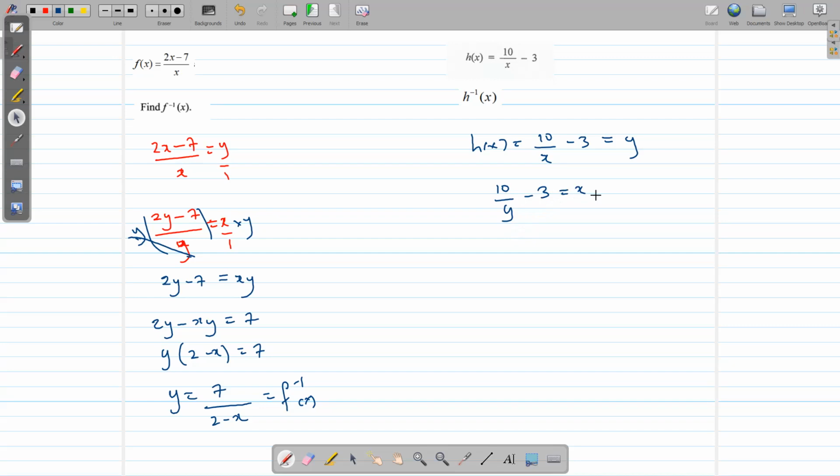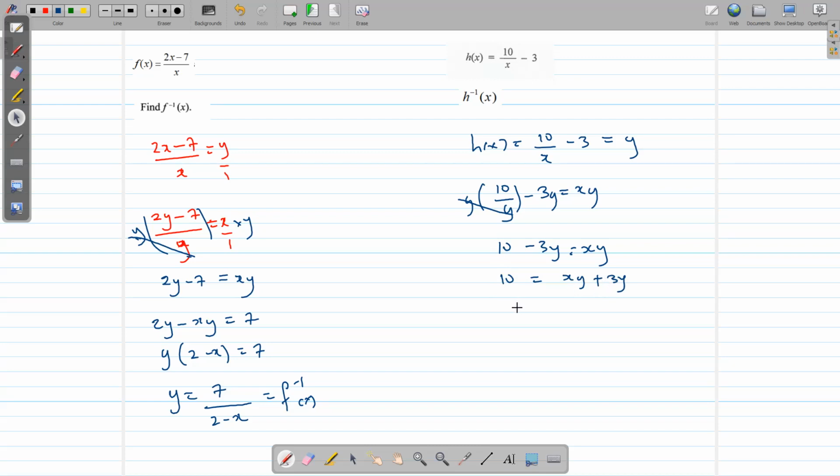We have switched our letters, and now we need to solve for y. y is in our denominator, so let's multiply both sides of the equation by y. This side cancels out. So we have 10 minus 3y equal to xy. We need to regroup. So let's keep our 10 here, equal to xy plus 3y.